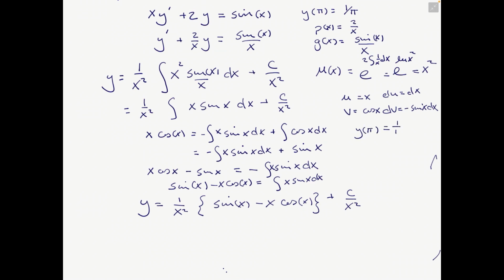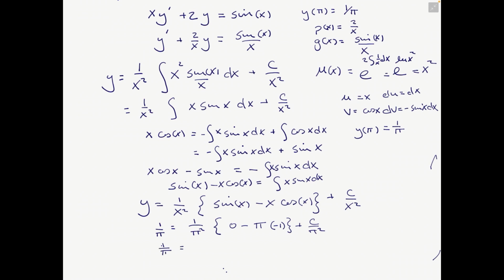But then we have y of pi equals 1 on pi. So we have now 1 on pi equals 1 on pi squared times 0 minus pi times -1 plus c on pi squared.